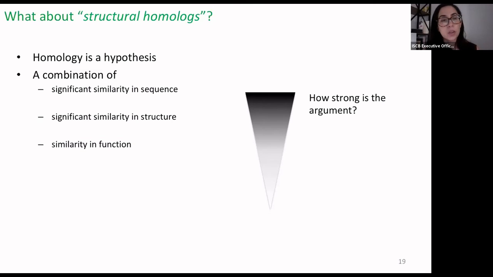And your argument is going to be stronger if you have the three of them, if you have very similar sequences with a very similar structure and a very similar function. I know this is not always the case. You may be working with a protein that is only similar in structure, but there are methods that we can use to try to really find if these similarities are due to homology.